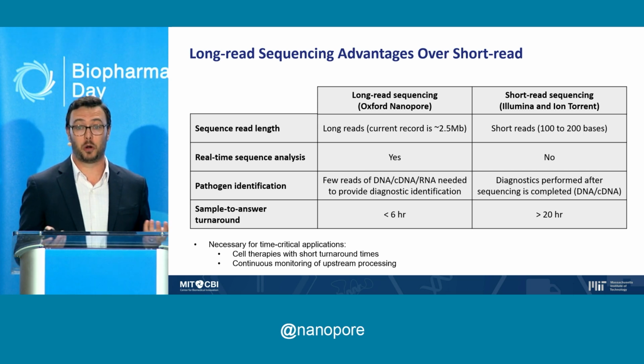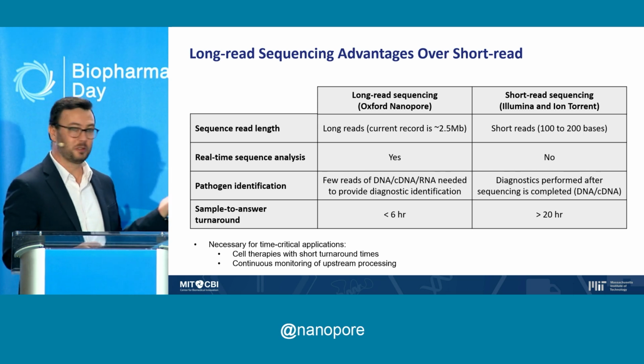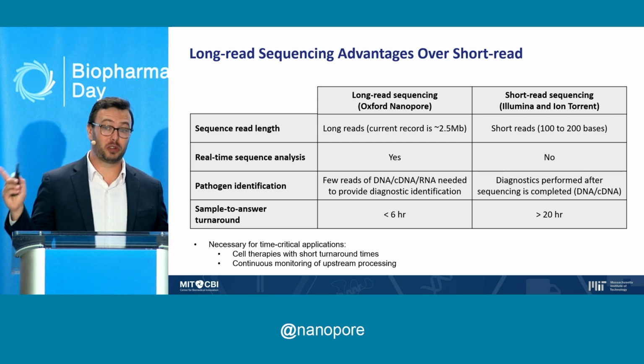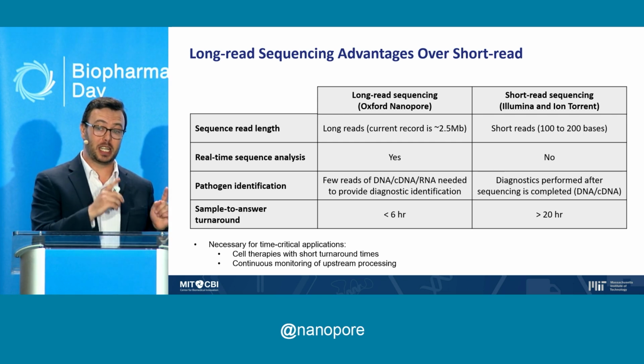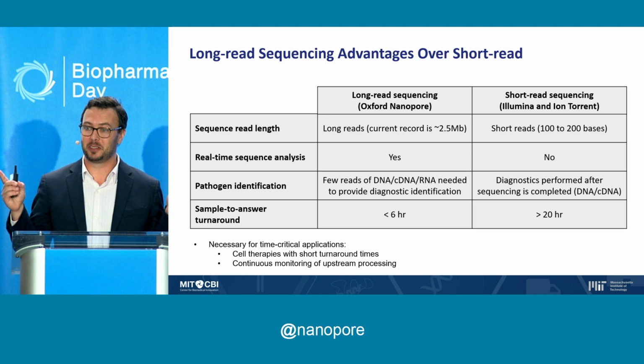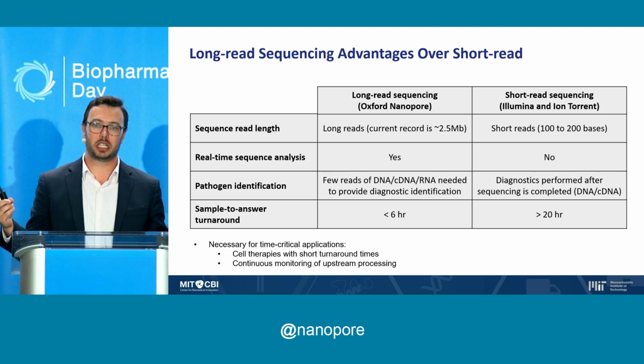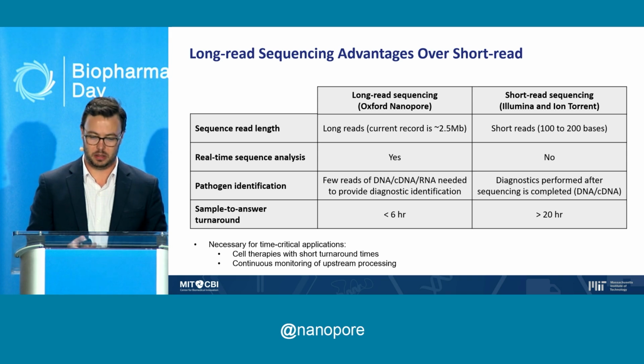So first and foremost, as the name implies, the reads are longer. And so what that means is when you have a long read, it's much easier when you're trying to identify a viral contaminant in your sample, with a longer read that can match more closely to a large database.